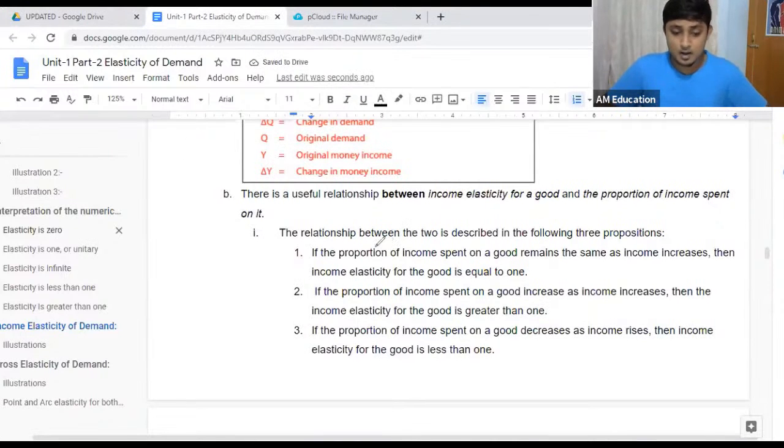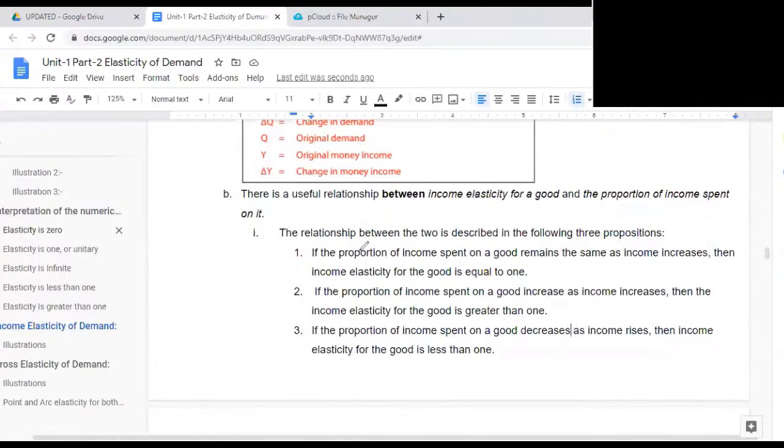Can you guys tell it back to me? What are the two things that we have to compare to find out the income elasticity of demand for a product?